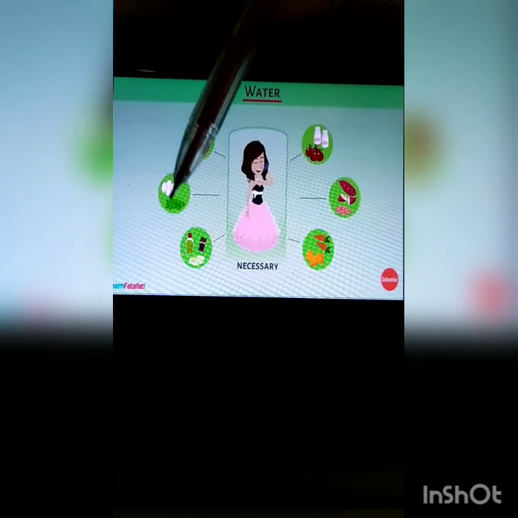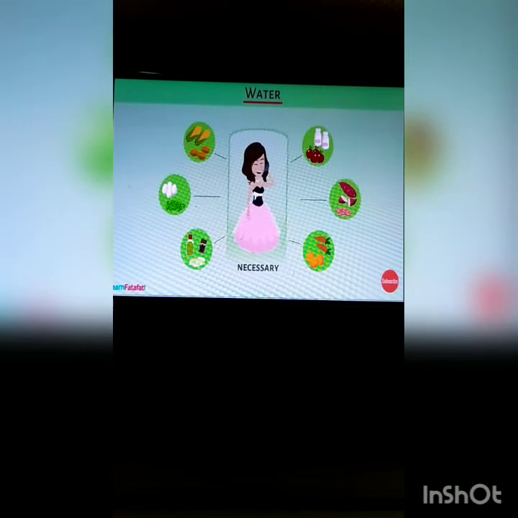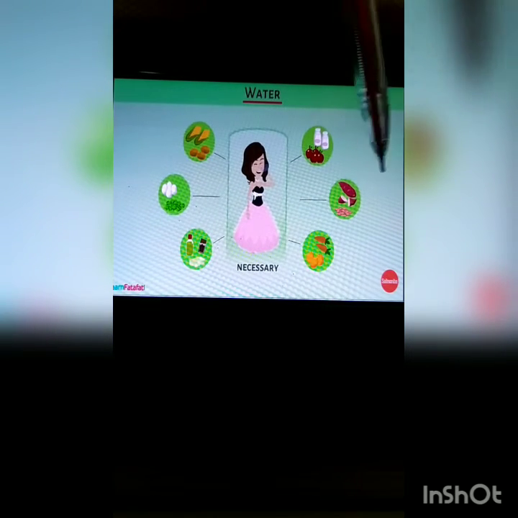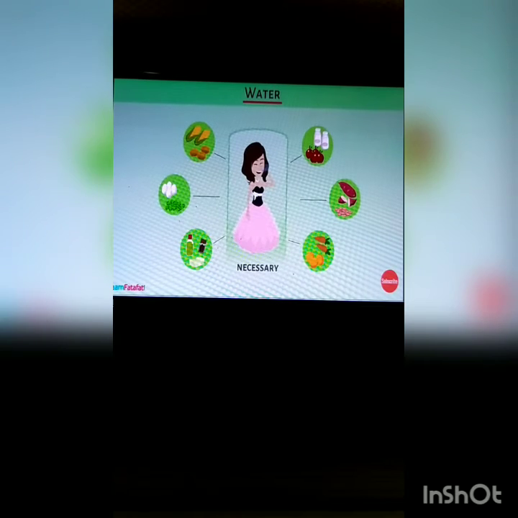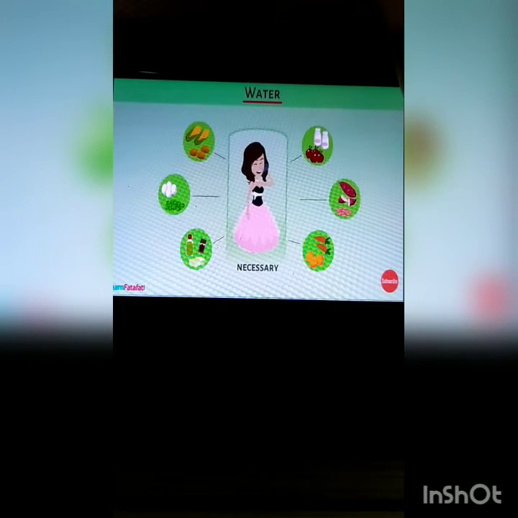Then next is water. Now water is essential for maintaining the temperature of our body.